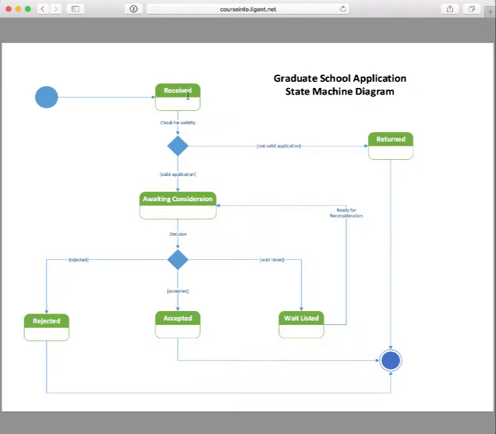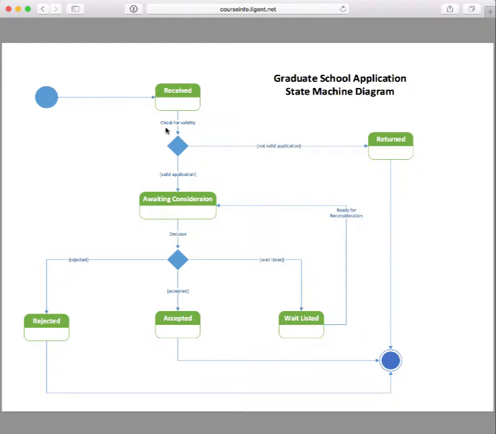okay, and then we go from that state to awaiting a consideration, okay. Now, what goes on in between? Well, I have a choice here, okay, in which we're going to do one or the other.